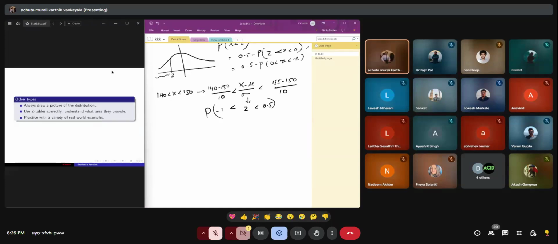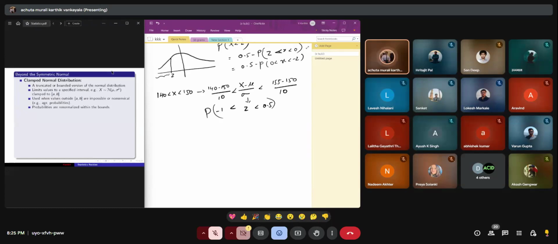Now, there are other types of normal distribution as well. You should understand that normal distribution comes in some varieties. The one that we study is the most general form, and then we studied the standard form. Beyond the symmetric model, you have the clamped normal distribution.